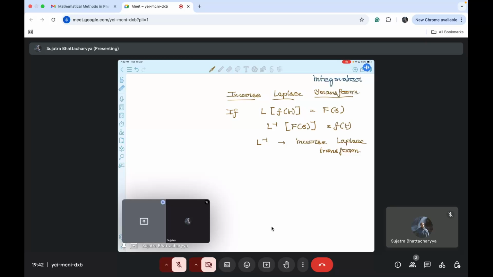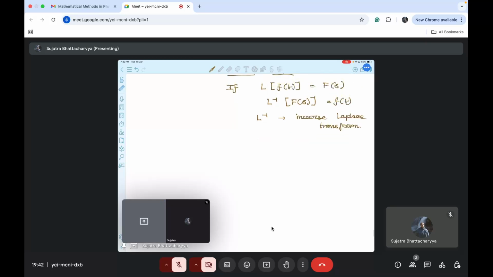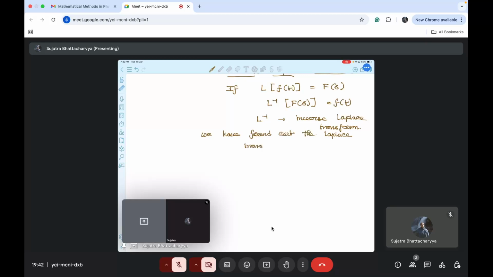So we have found out the Laplace transform of several functions, right? From the beginning, we have seen functions.